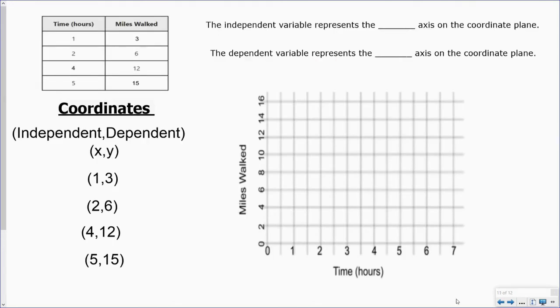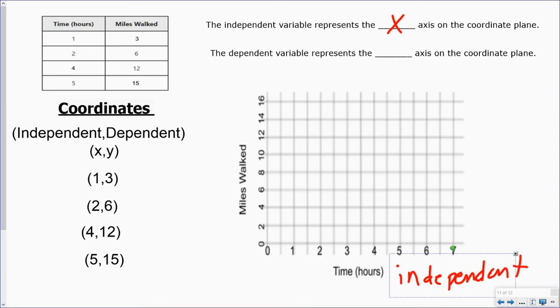So again, now we're going to look at graphing, and this should be a review from when we graphed ratio tables. So it says the independent variable represents the x-axis. So that would be down here. This is the independent axis.